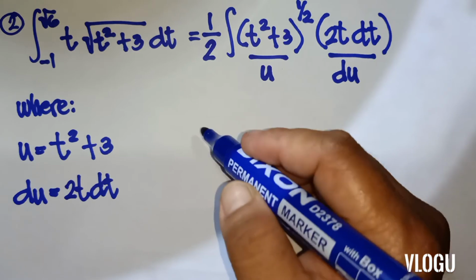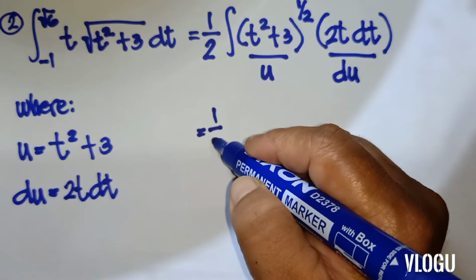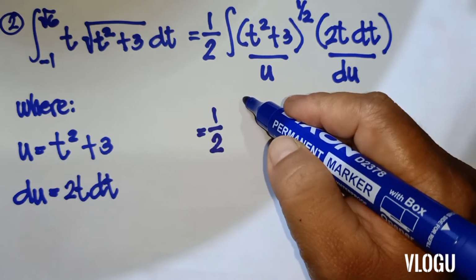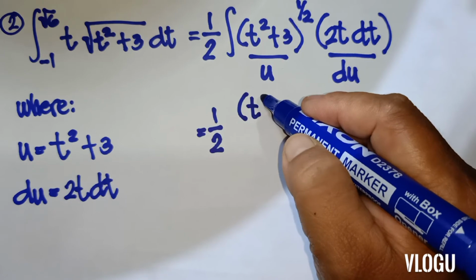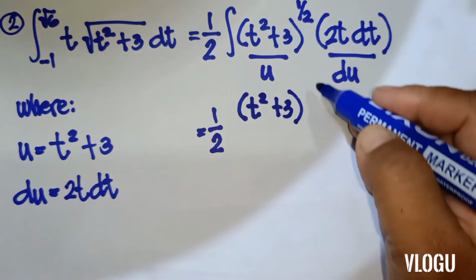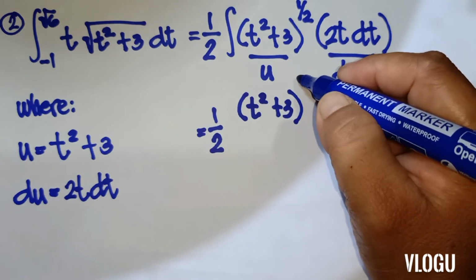So therefore you will have 1/2, that is (t squared plus 3), with exponent 1/2 plus 1, that is 3/2.